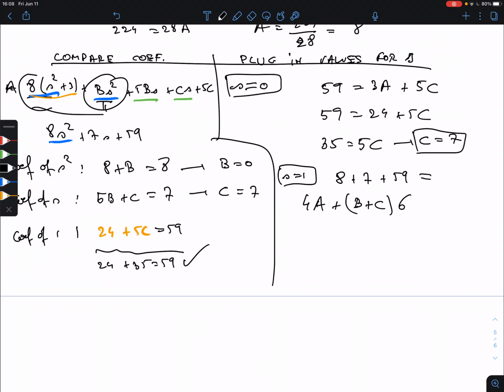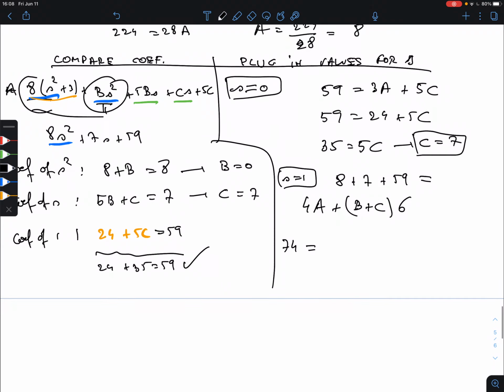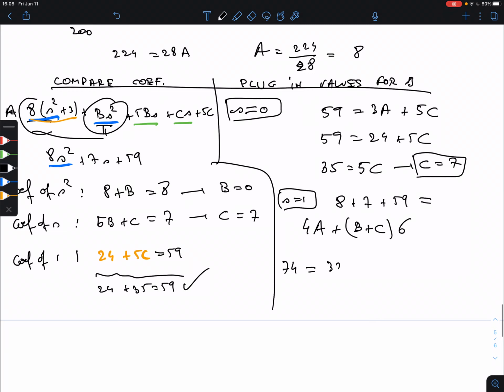So the right-hand side is 15 plus 59, that is 74, equals 4a, but a was 8, so that is 32, plus 6b, which we don't know yet, plus 6c, that is 42. So we bring everything to the other side, and we see that 0 is 6b, and therefore b is equal to 0. Again, what we found. So there are two different ways to get to the same result.